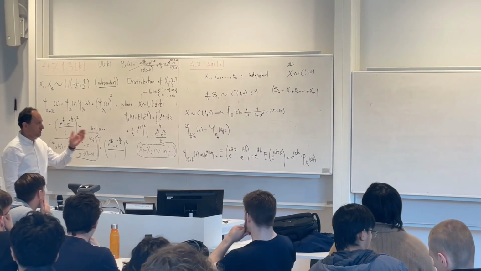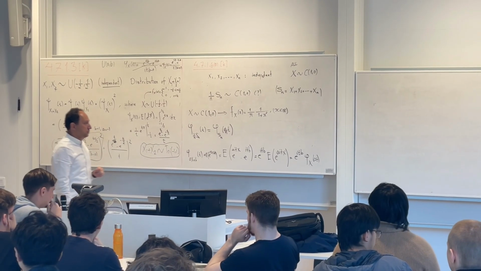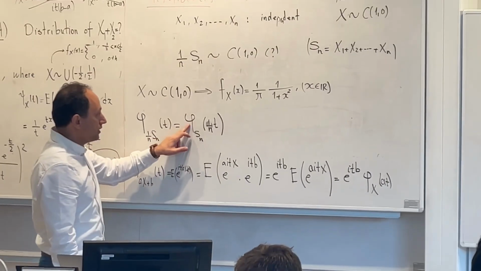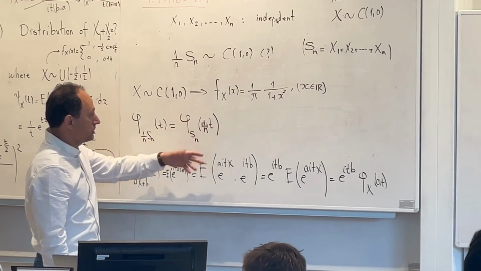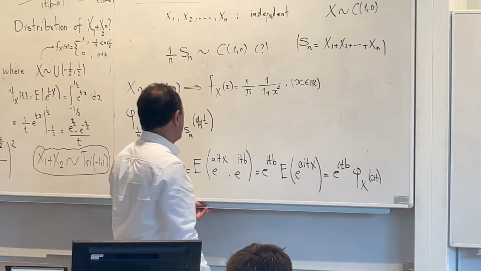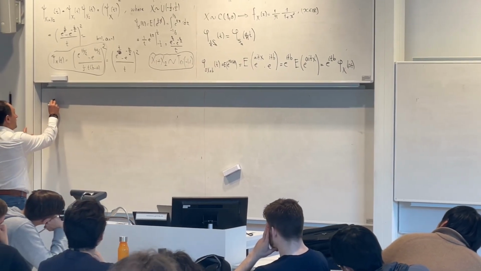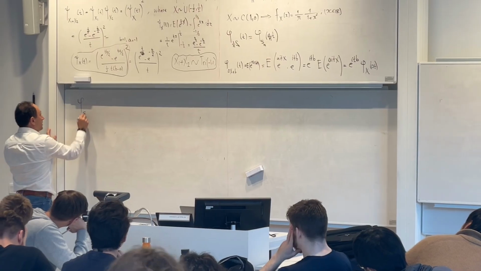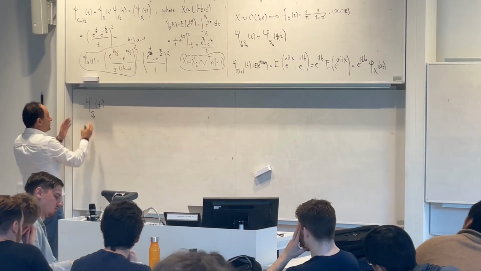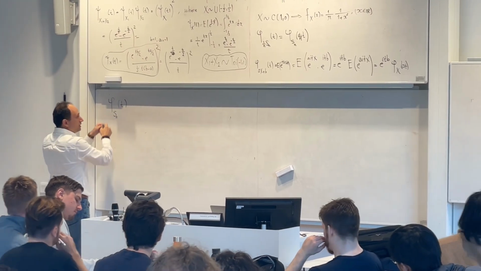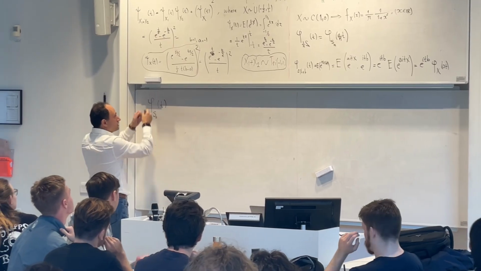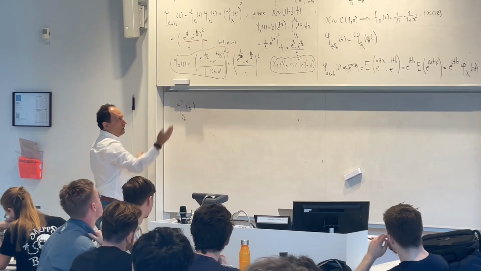Yes? So that's the first thing I will do. But in order to calculate a function at a different argument, I need to know the function itself. So what I will do, I will ask myself, what is phi of Sn of t? Because if I know this as a function of t, I can replace t with that thing, 1 over n t, and I am done.